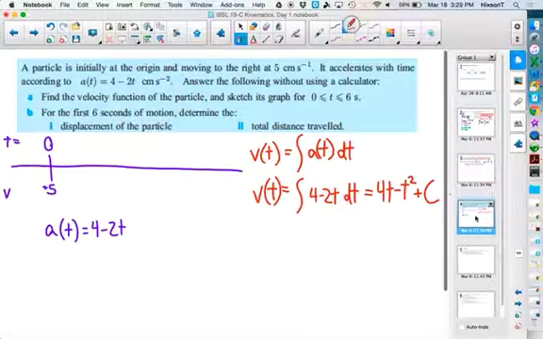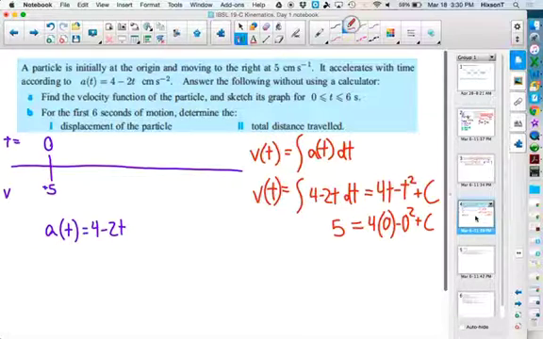For the velocity, this is going to equal 5. What time were we going 5? At 0. There we go, we have the point (0, 5).